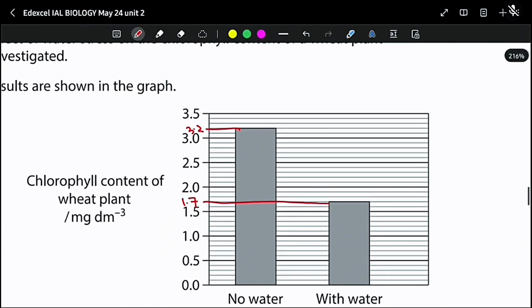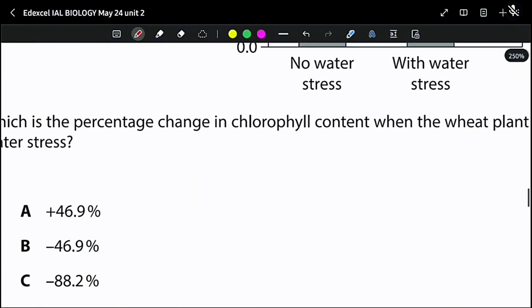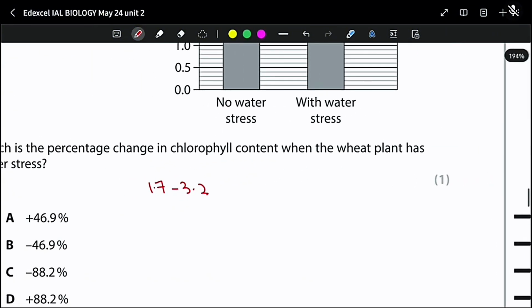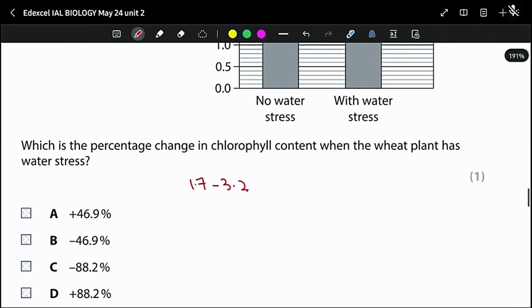So we have to find the percentage change. To find the change, we subtract these two values: 1.7 minus 3.2, because we have to find the percentage change when the wheat has water stress.